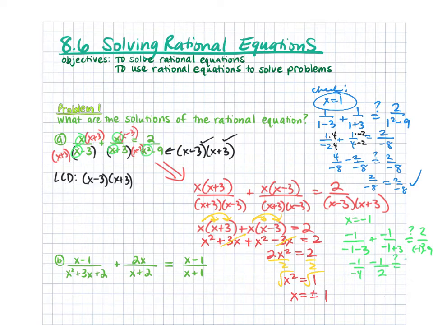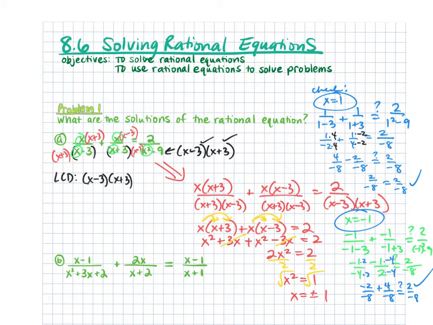Does that equal 2 over, again, this is negative 8? So let's make these all negative 8, times 2, times 2, times negative 4, times negative 4. Negative 2 over negative 8, does that equal plus 4 over negative 8? Does that equal 2 over negative 8? Yeah, 4 minus 2. Okay, so then x also equals negative 1.